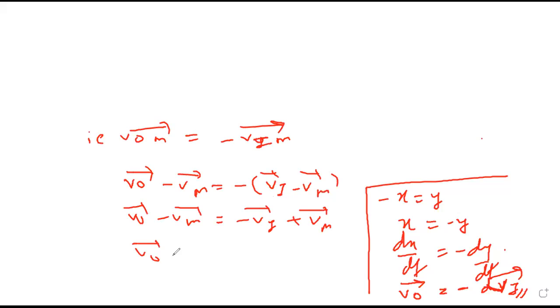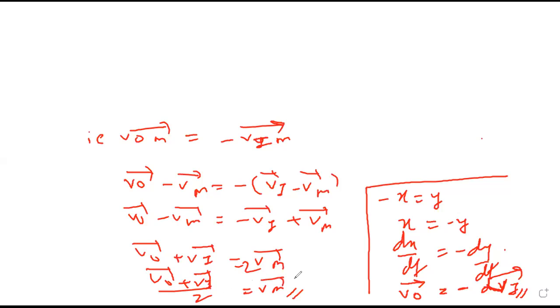So velocity of object plus velocity of image equals 2 times velocity of mirror. Object plus image divided by 2 is the velocity of mirror. Write this formula also.